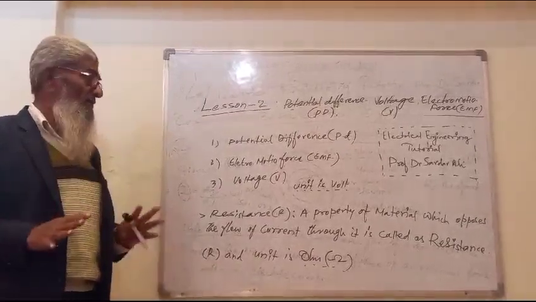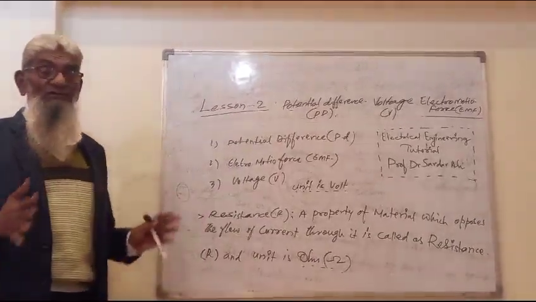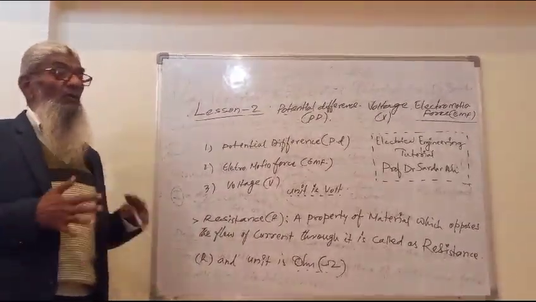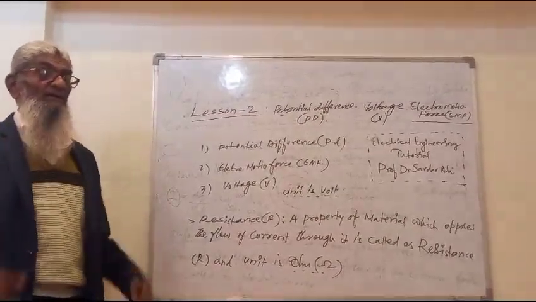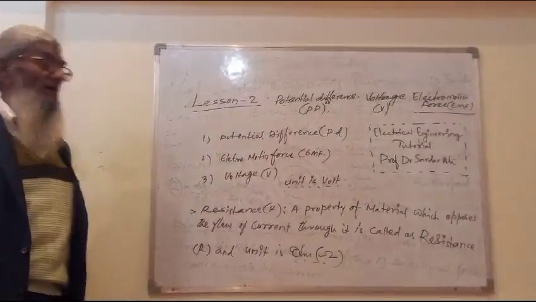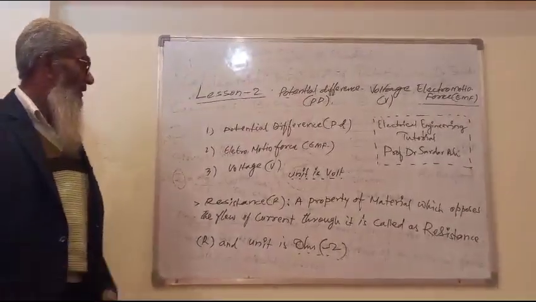So that voltage is called the electromotive force. Even if the voltage is in excess, then it can be connected to the national grid also. That is also called the electromotive force.